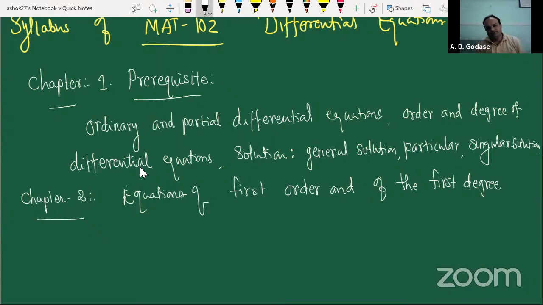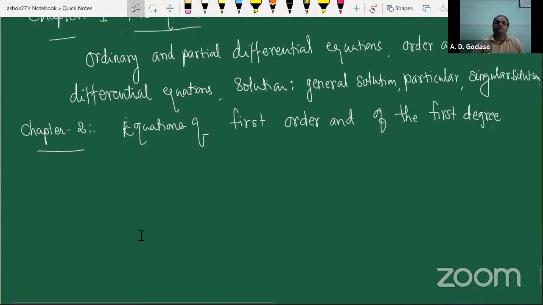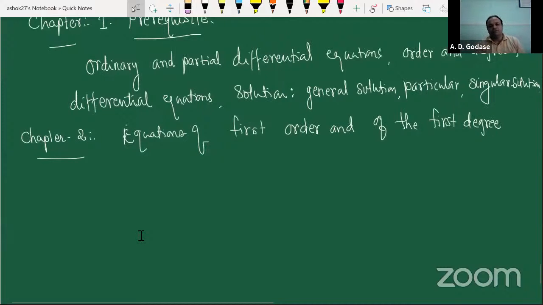So the maximum part of this course depends on ordinary differential equations. In the second chapter we'll study only ordinary differential equations. The title of the second chapter is equations, meaning differential equations, in particular ordinary differential equations of first order and first degree.